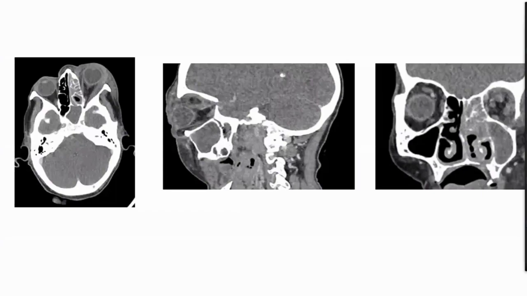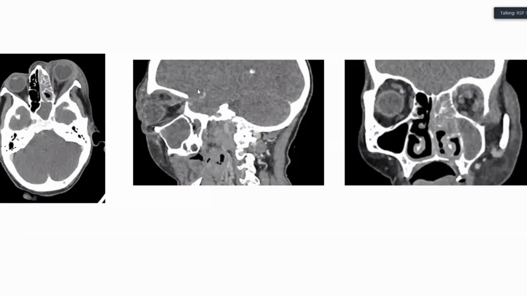There is also mucosal thickening noted in the ipsilateral ethmoid sinus. On the sagittal image, I can appreciate this thickening and the fat stranding expanding into the intraorbital area in the extraconal compartment.